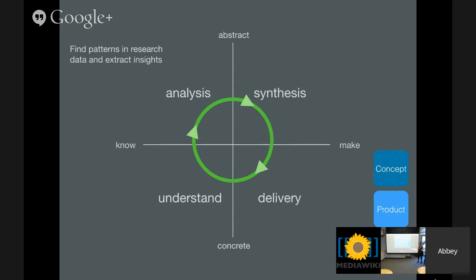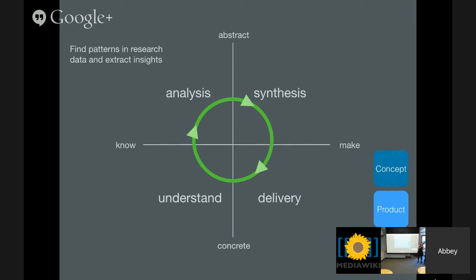And you can find opportunities, and you can extract insights. So then things are kind of abstract, but you know a lot more than you did before you started this process. So then you're still in abstract, but now you have fodder for design, you have fodder for either building that concept out, building that product out.